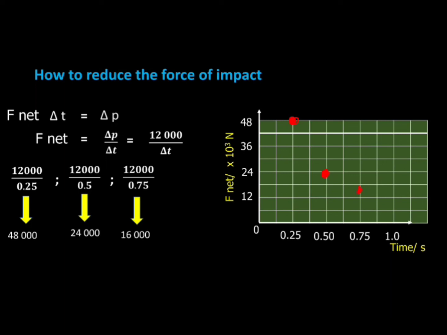And then finally, what would happen if the collision time became 1 second? The force of impact drops again to 12,000. So 1 and 12,000 there. So we can actually join these points to form this kind of graph.